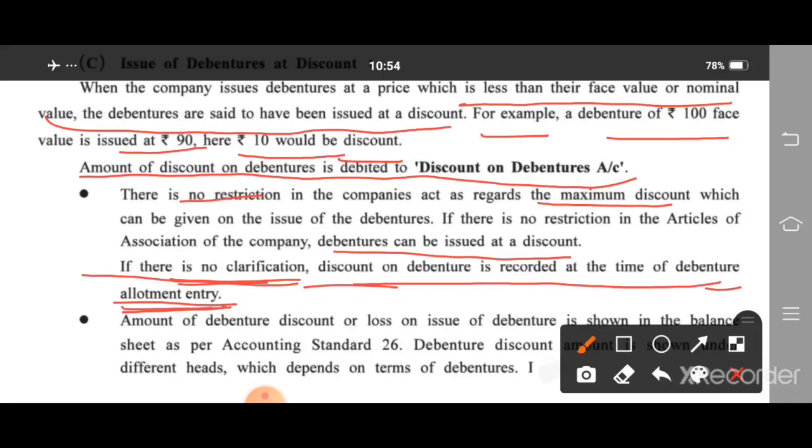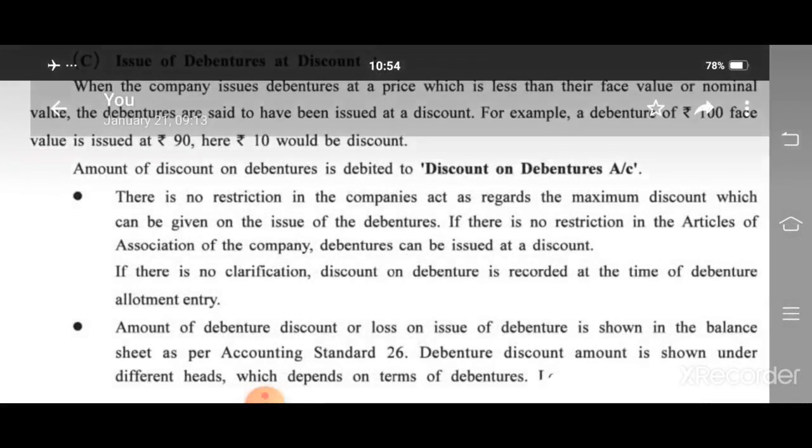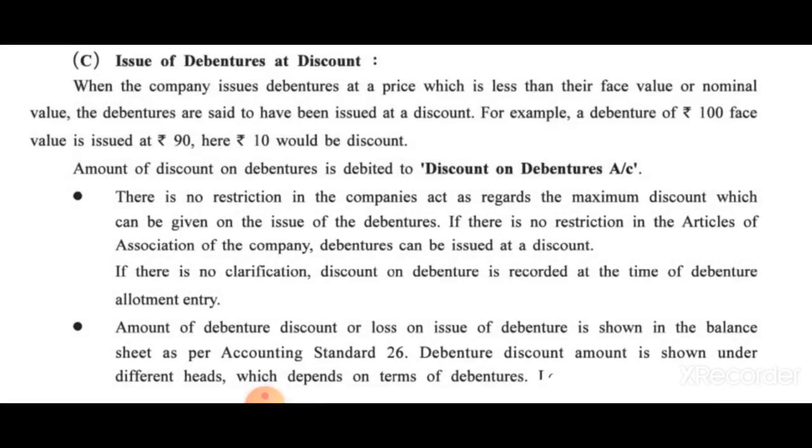Amount of debenture discount or loss on issue of debenture is shown in the balance sheet as per accounting standard 26. Debenture discount amount is shown under a different head which depends on the terms of debenture.